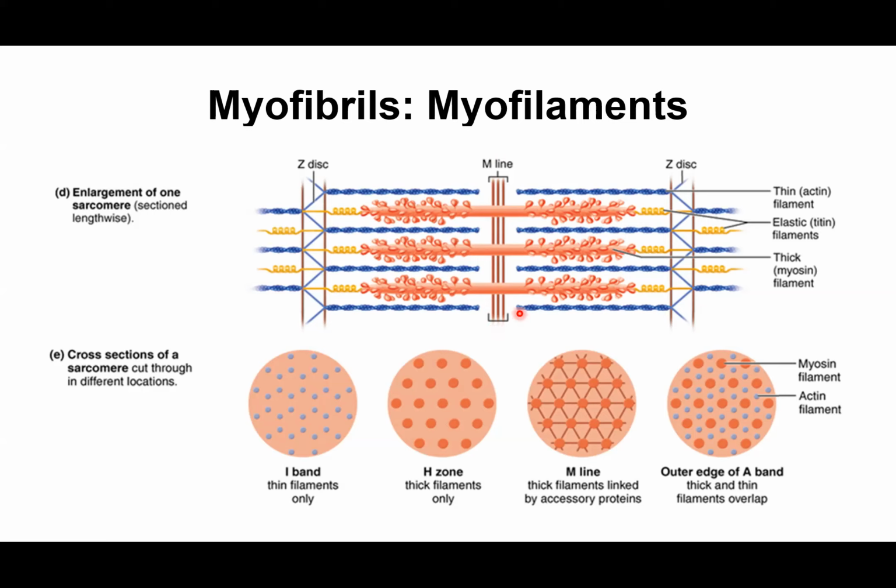And basically these bottom pictures here are saying this is what it would look like if you clipped through the I band and we're looking down the length of the muscle fiber. Okay.